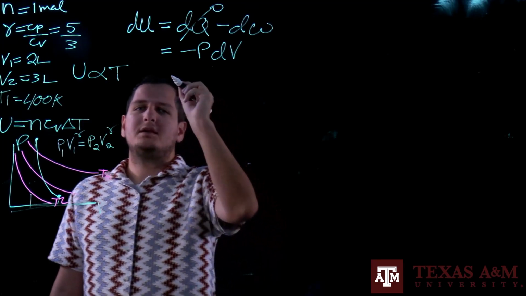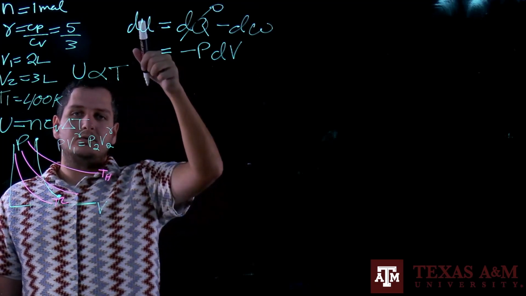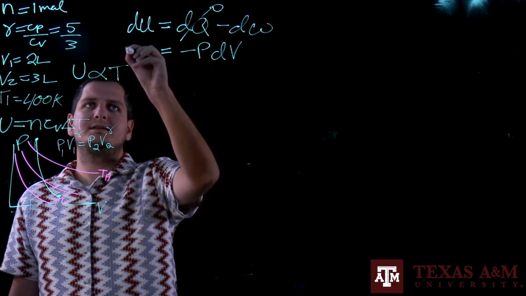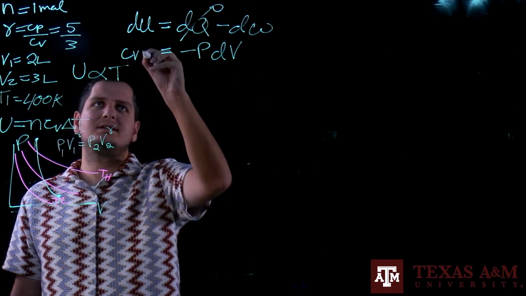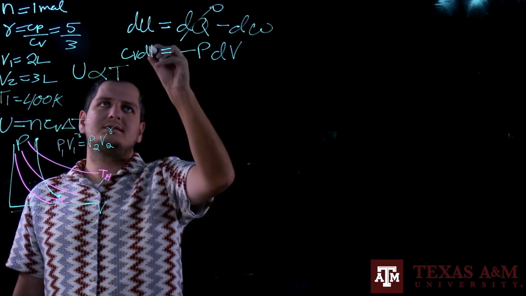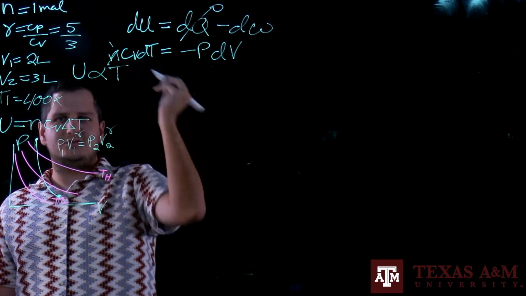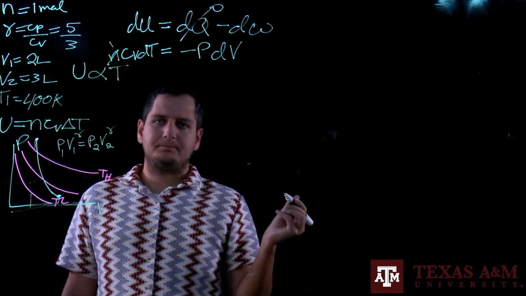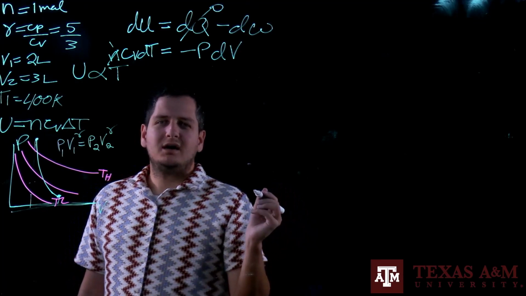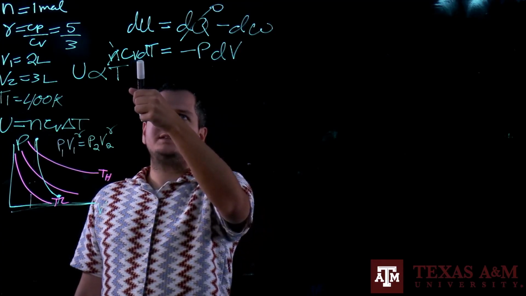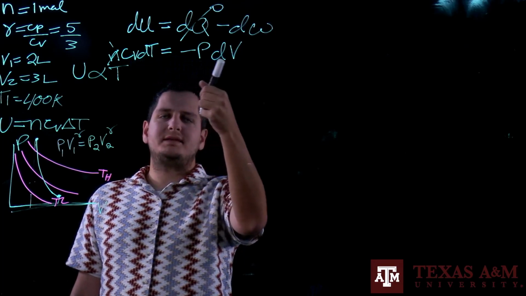So think dU for ideal gas. Well, we know that is CV dT. Let's assume 1 mole, so it's n, but I'm doing this for 1 mole for simplicity. So I have CV dT is equal to minus P dV, right?